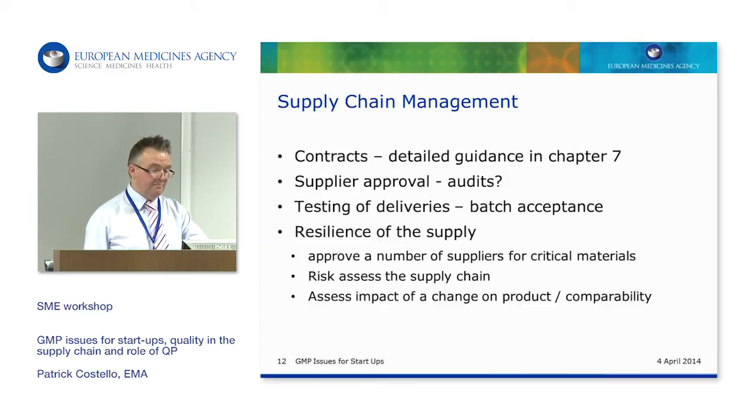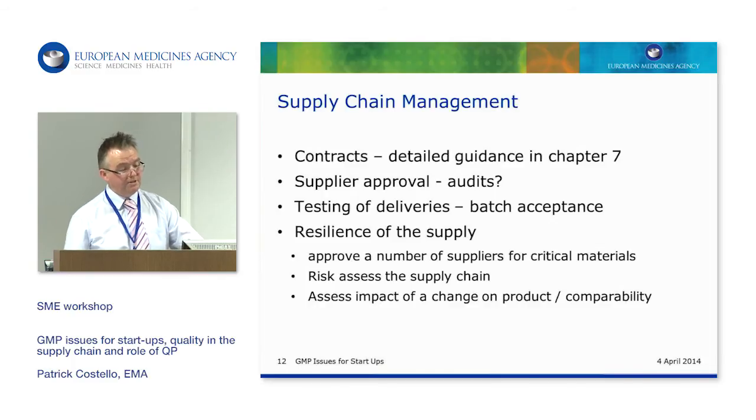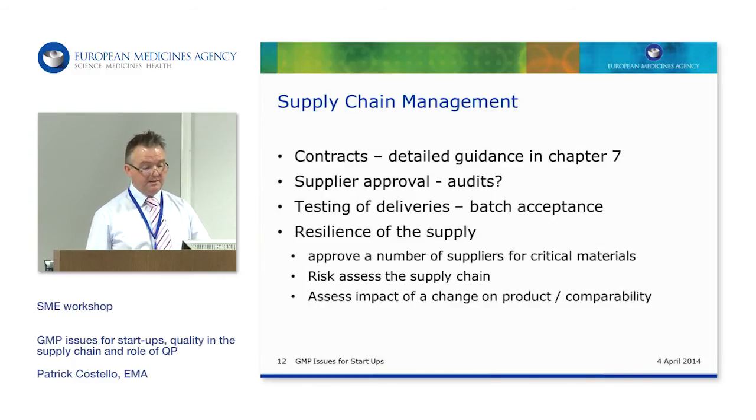So I guess have maybe a number of approved suppliers for critical materials, certainly risk assess the supply chain for any of those real critical materials or reagents or supplies that will essentially ensure that you can consistently manufacture your product. And then I guess assess the impact of any change of a supplier or change that a batch of a raw material or reagent may have on the product, and whether that will affect the bioequivalence of the product from batch to batch.